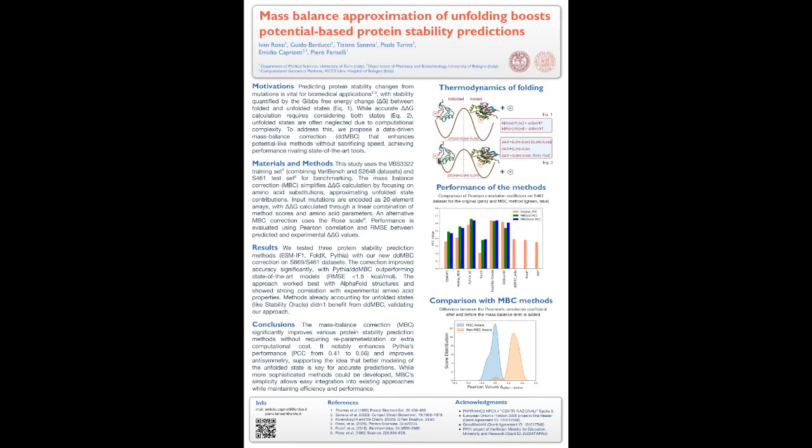The idea behind this work starts from an observation that several methods for delta G calculation are parameterized with respect to the free energy difference between the folded and wild type protein.